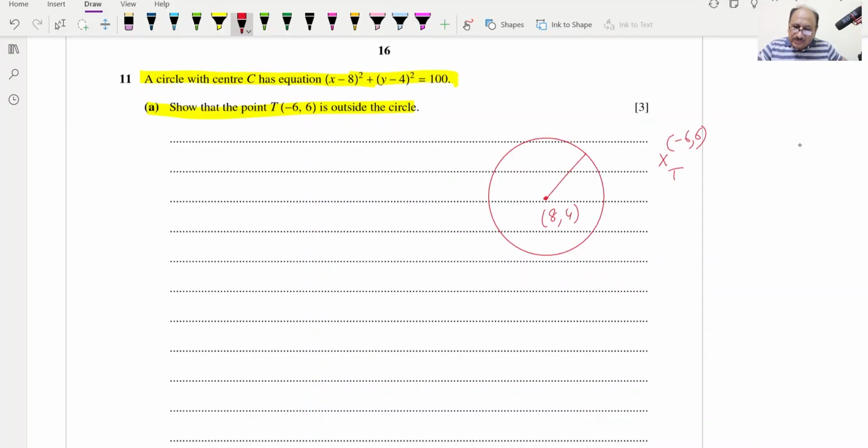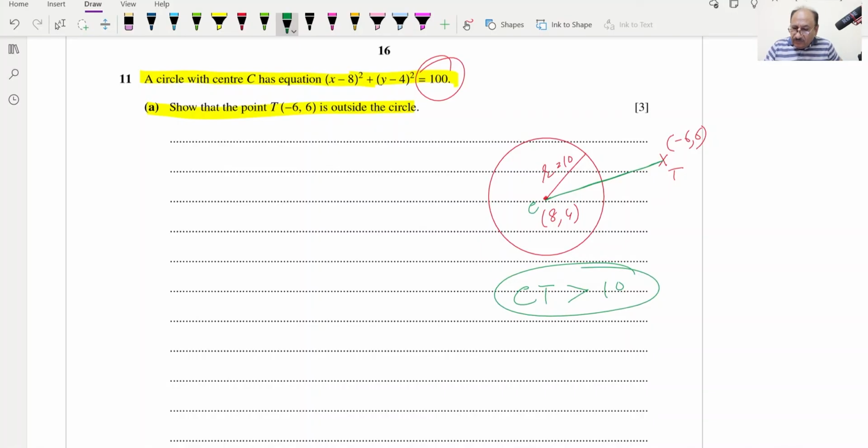So radius is given, R value is 100. So R value will be equal to 100 under root, which will be 10. So R is 10. If we prove the distance between this center and this T point, if center is O, they are saying C, so I will take C. So CT, if CT is greater than 10, it means it's outside the circle.